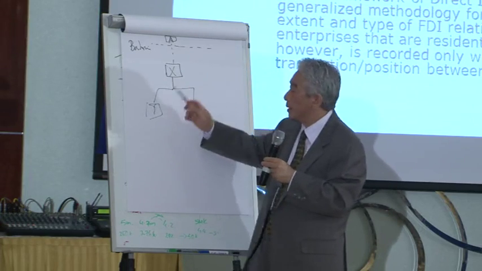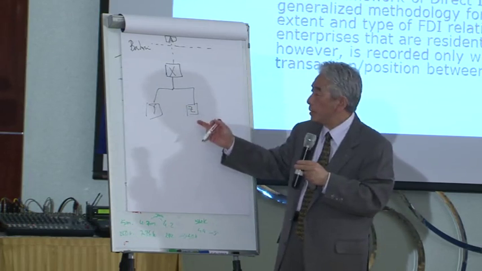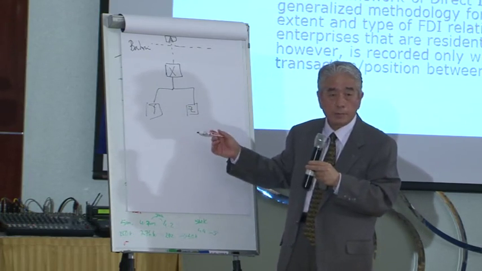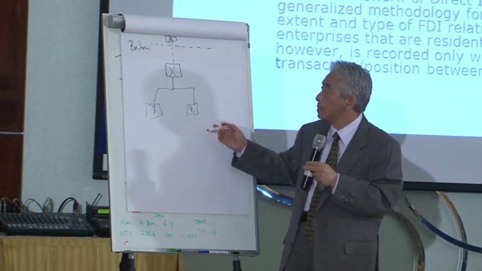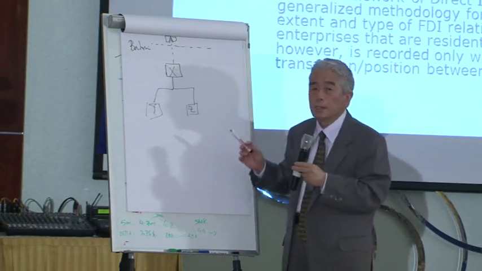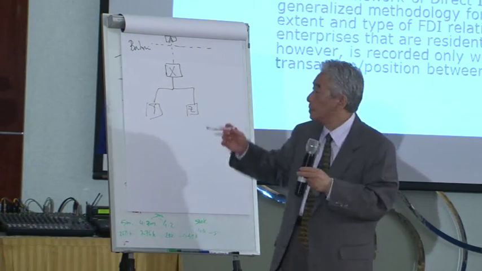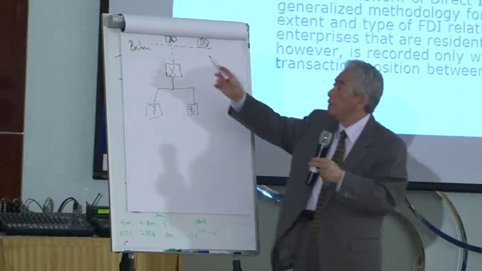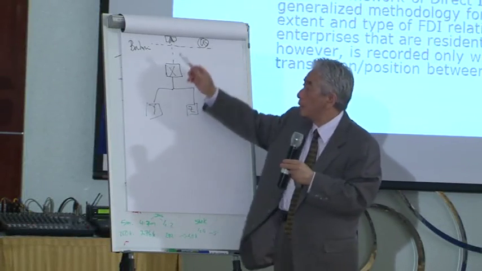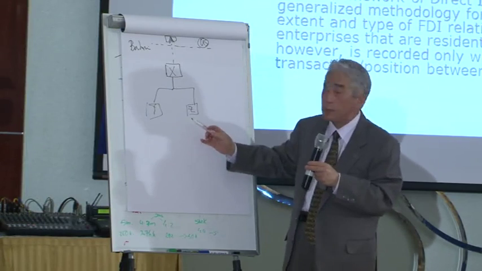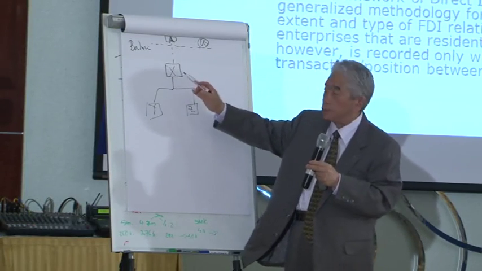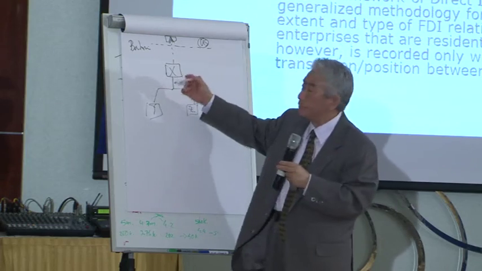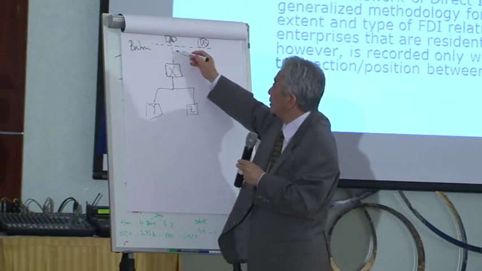Company X may have established Y and Z in Bahrain, for example. Then A is the parent company, like in the United States. From A to X, this is quite clear. It should be FDI if it's more than 10%.